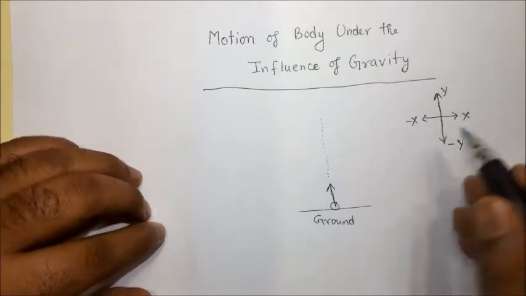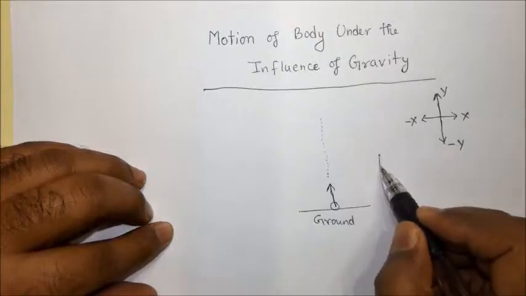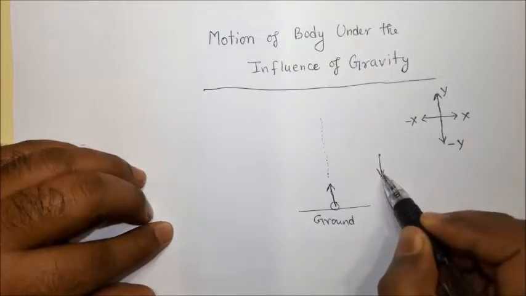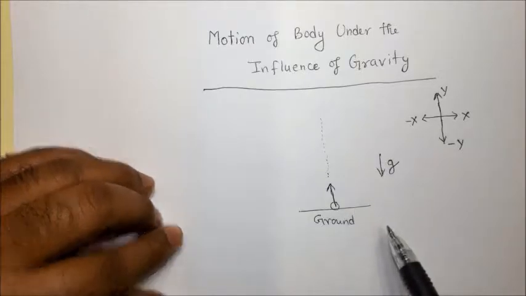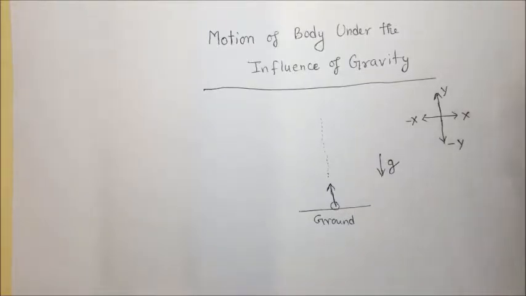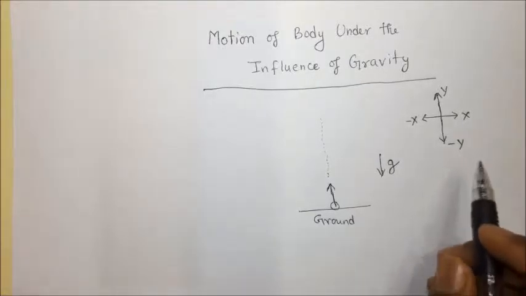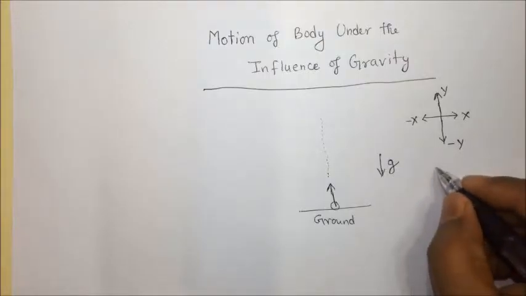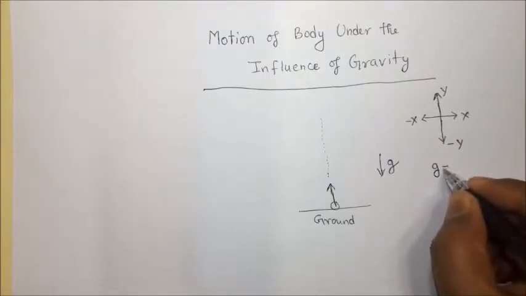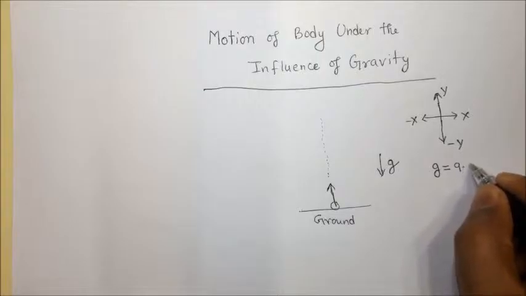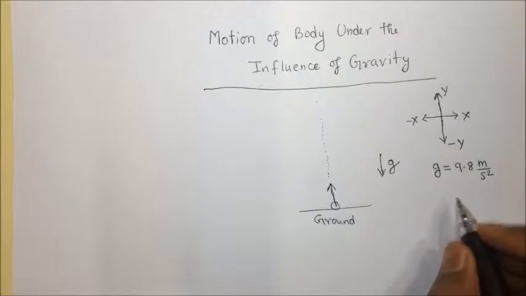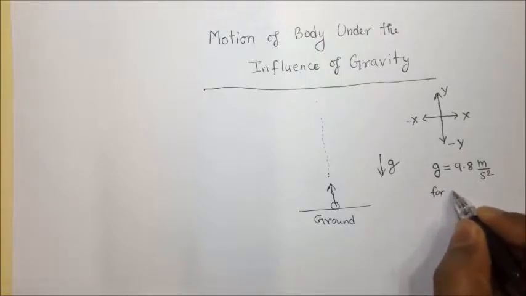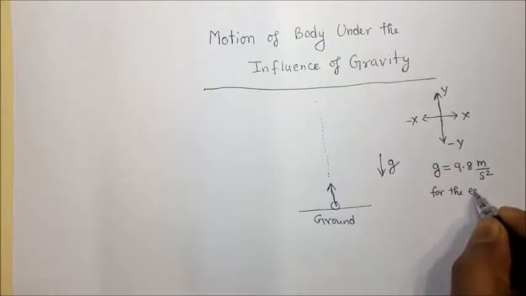It always works downward, meaning towards the ground, G. Gravity is always pulling down towards the ground, and the value of G is 9.8 meters per second square for the earth.